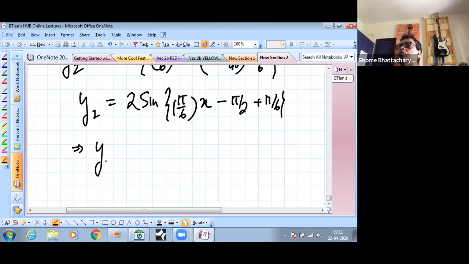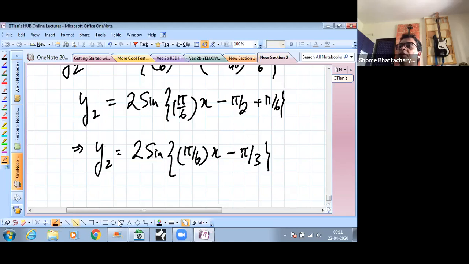So y2 is effectively 2 sine, minus pi by 3, becoming like this. So this is becoming my wave equation. This is becoming my snapshot picture equation.